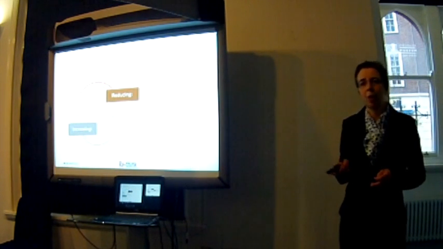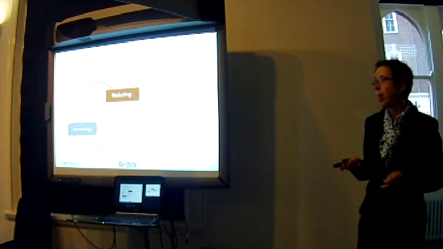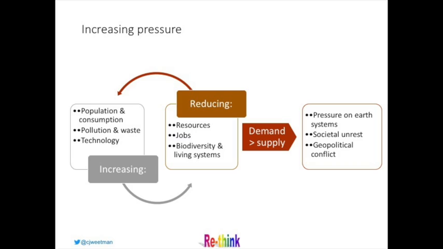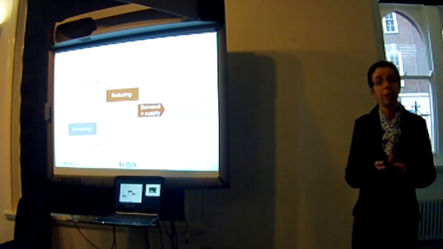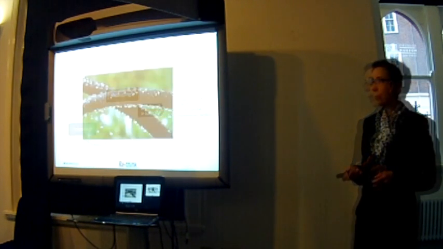So we can summarise that global context by saying we've got exponentially increasing population and consumption, and exponentially increasing levels of pollution and waste. But all of that is reducing key things that we need to survive. So we're reaching a tipping point where demand is outstripping supply.